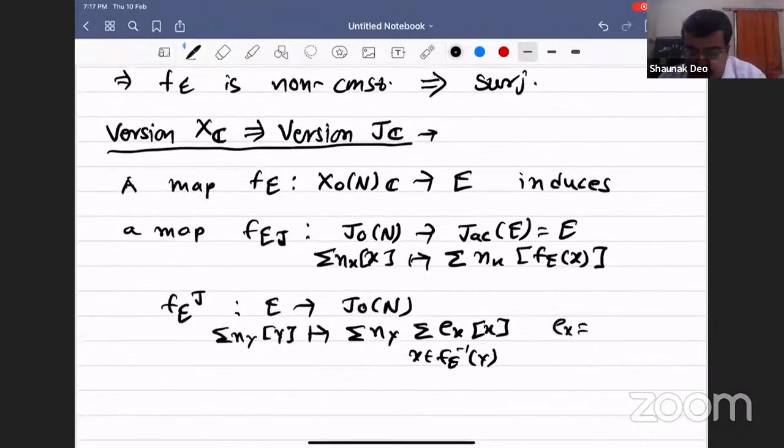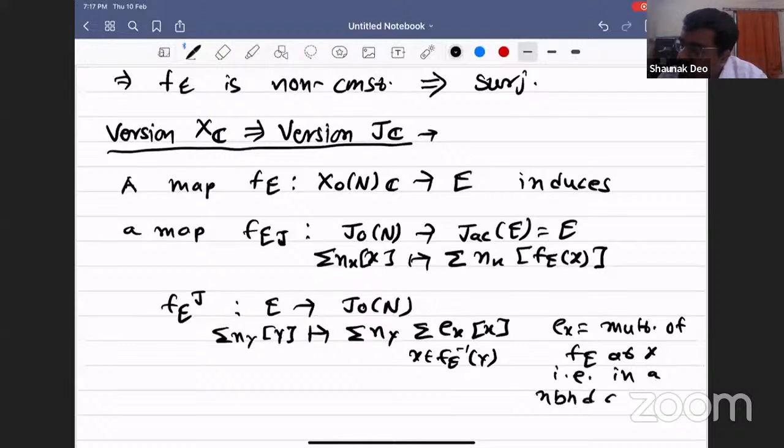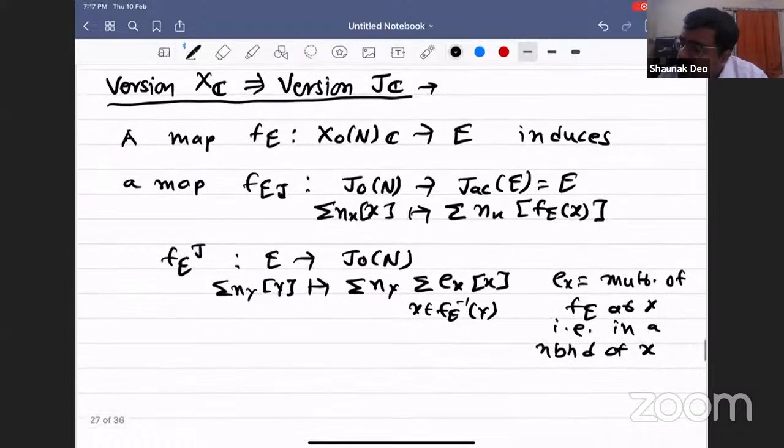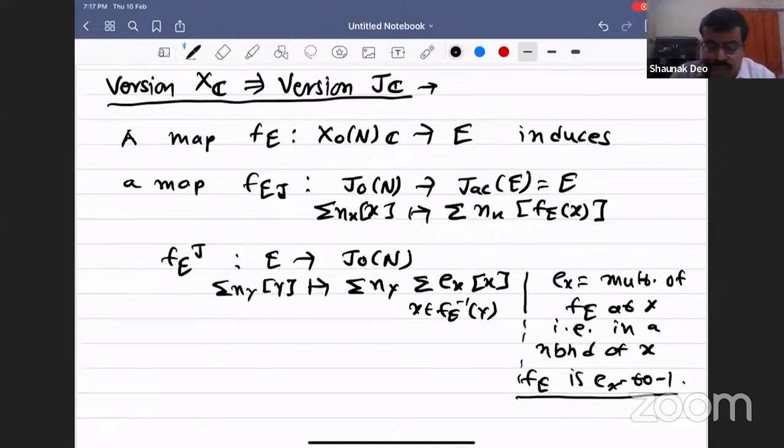We can say that e_x is the multiplicity of F_E at x: in a neighborhood of x, F_E is e_x to 1. Just so that you know what e_x is.